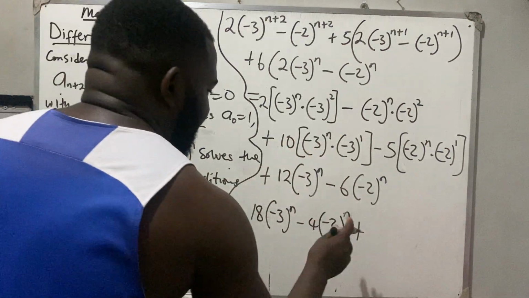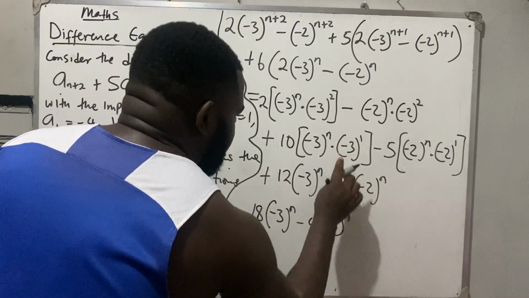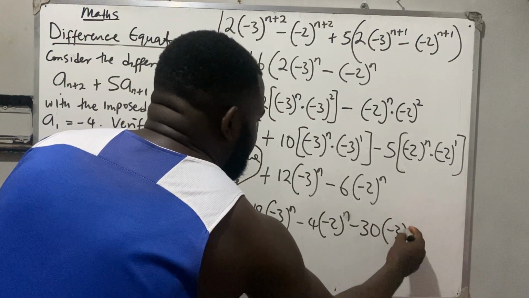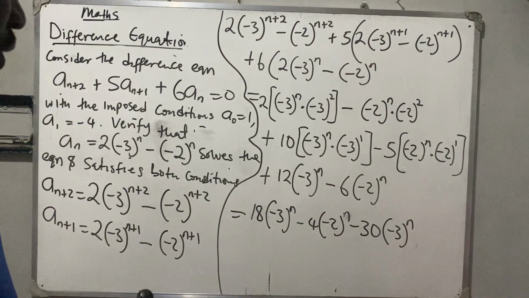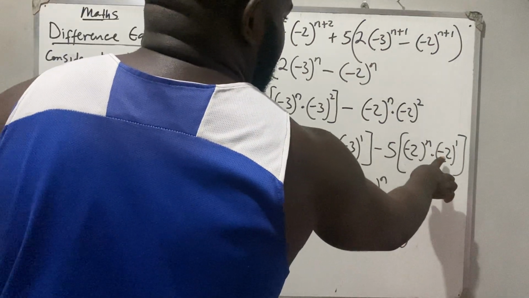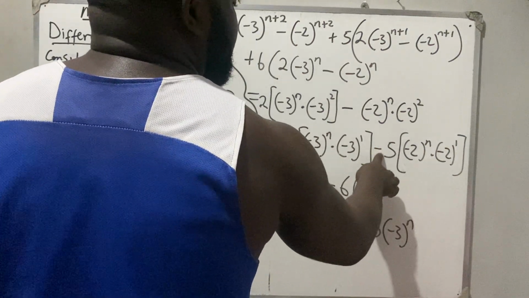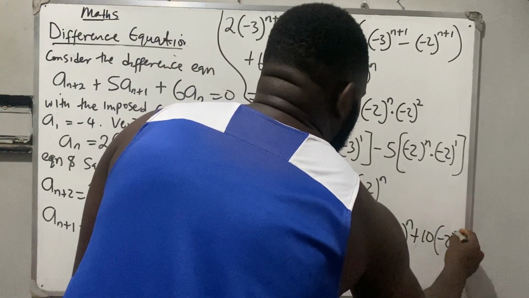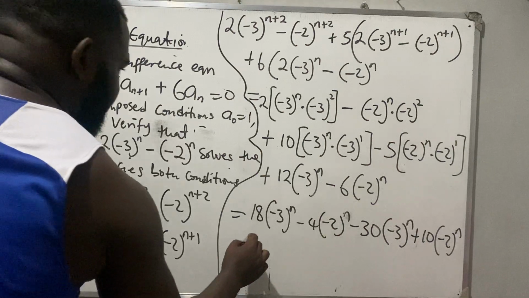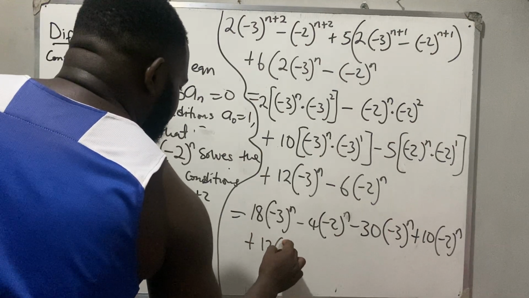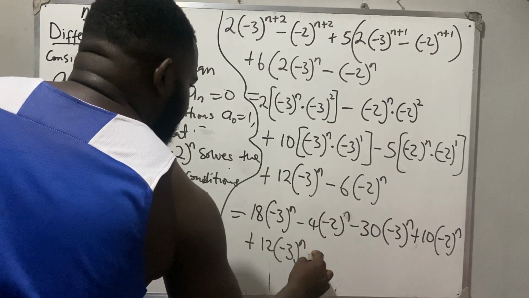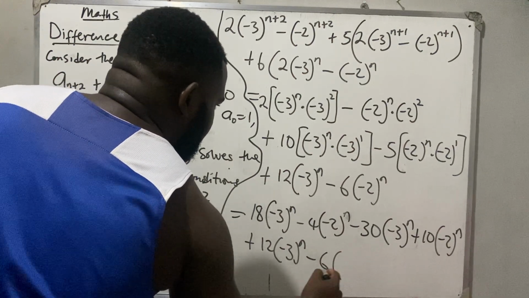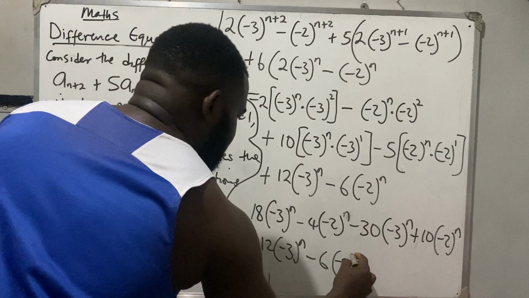Minus 3 times this will give you, okay, sorry, minus 30. So I have minus 30 into minus 3 raised to power n. For this one, minus 2 times minus 5 will give you plus 10. So I have plus 10 into minus 2 raised to power n. So this one will now be plus 12 into minus 3 raised to power n, then minus 6 into minus 2 raised to power n.